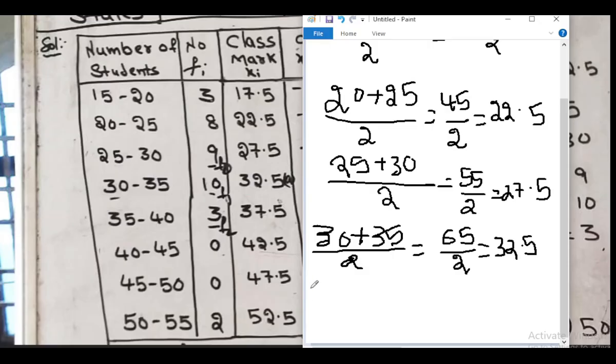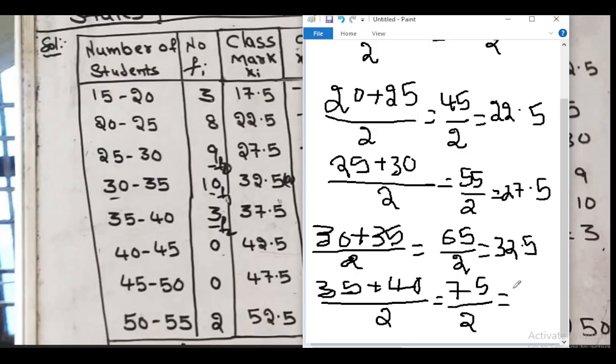Then 35 plus 40 by 2, 75 by 2, which is 37.5.